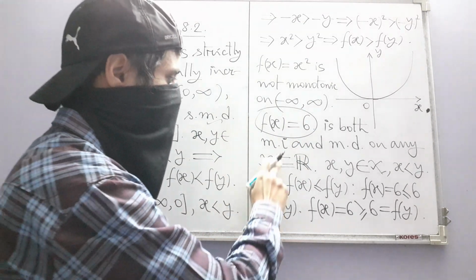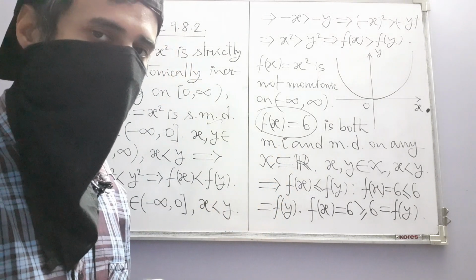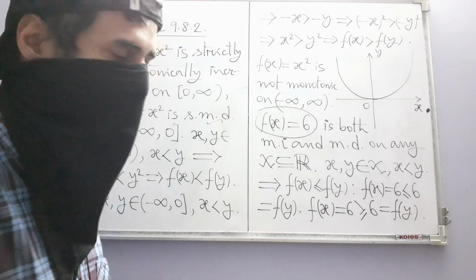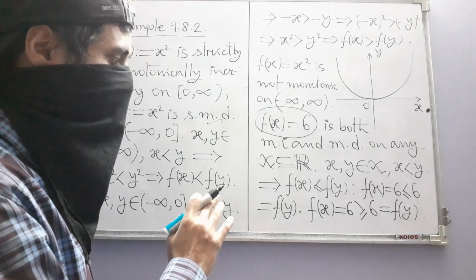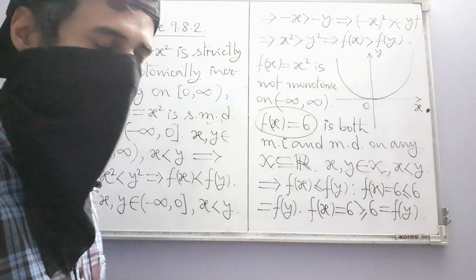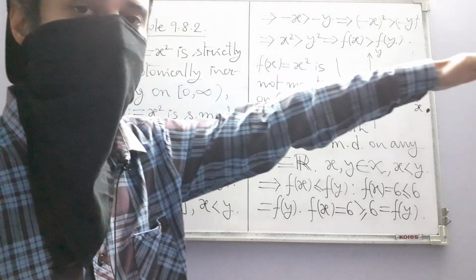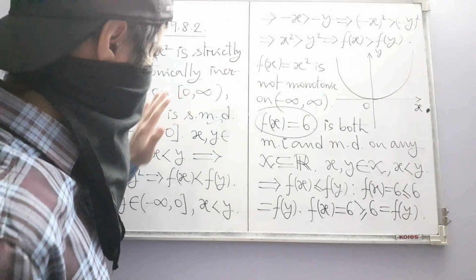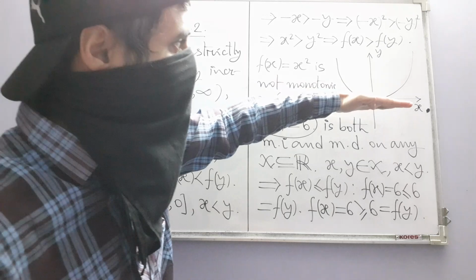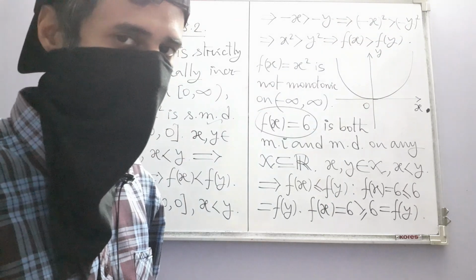But it is neither strictly monotonically increasing nor strictly monotonically decreasing. Strictness is there nowhere in the graph of this function, because the graph is just the line y equal to 6, the line that is 6 units above the x-axis and parallel to the x-axis.